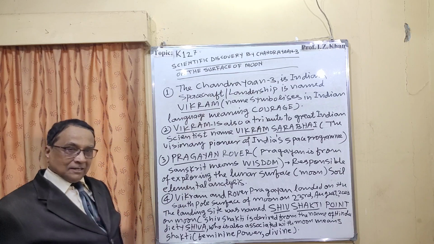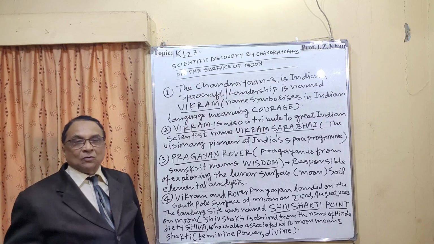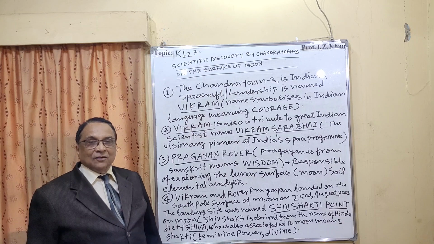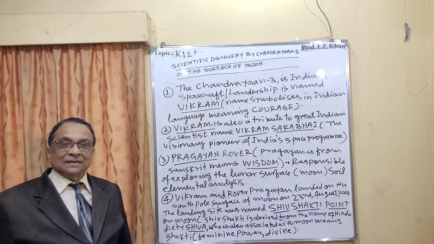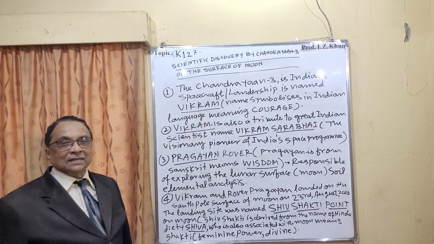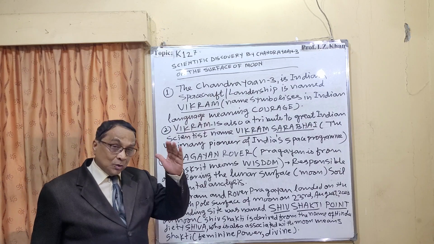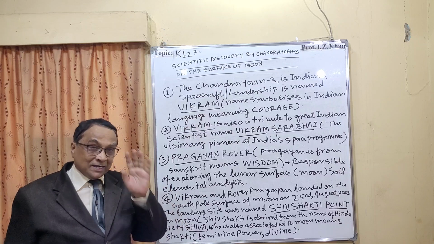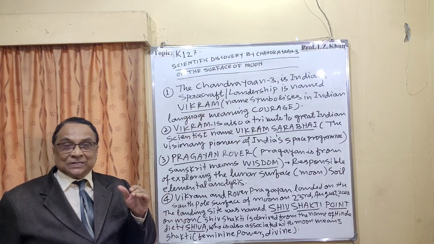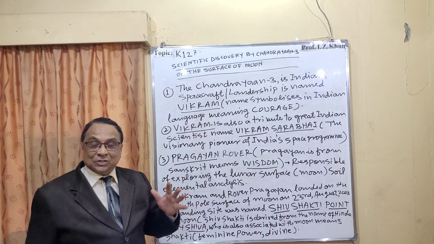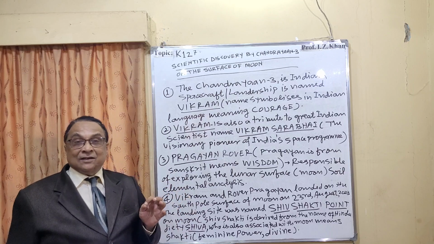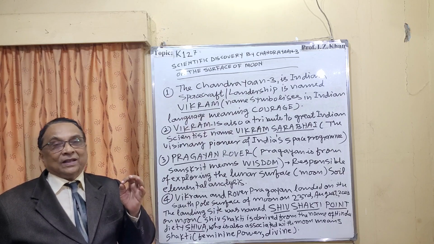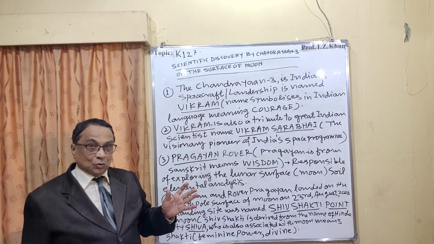Number 3, Pragyan rover, the one which came out of Vikram and started doing a lot of elemental analysis with the help of instrumentation, and that instrumentation is nothing but spectral instrumentation. And those spectral instruments I am going to take one by one because these are very typical names, and especially chemistry, biochemistry and geology students should understand those most modern spectral studies which were conducted during these 12 days.